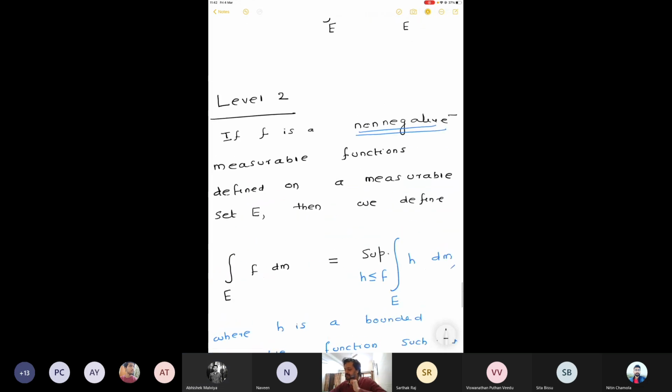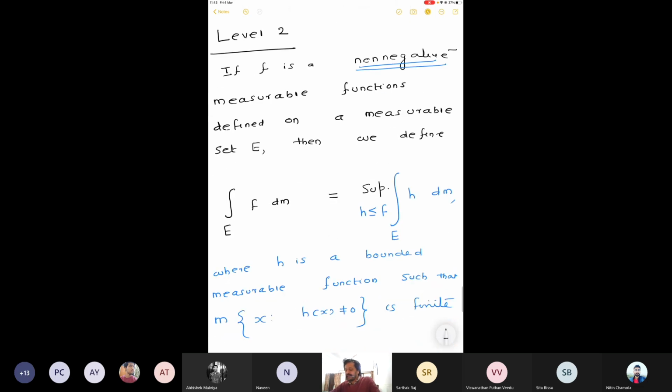Now come to level 2. f could be any non-negative measurable function, in particular a simple function. Then level 2 says that the integral over E of f dm is the supremum of the integrals over E of h dm over all h less than or equal to f, where h is a bounded measurable function with all these conditions.